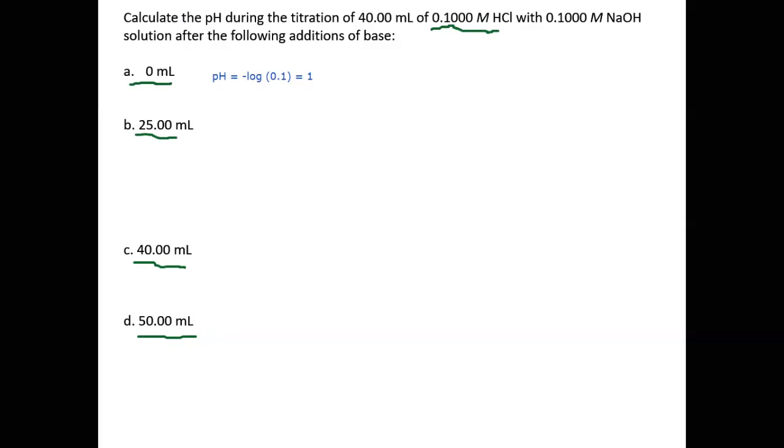Now we want to know what's the pH after 25 milliliters of sodium hydroxide has been added. So what we want to do first is calculate the moles of H3O plus, which is equal to the moles of HCl.